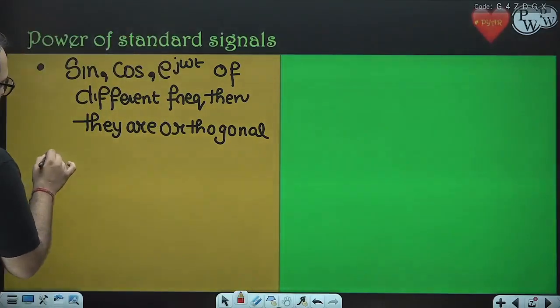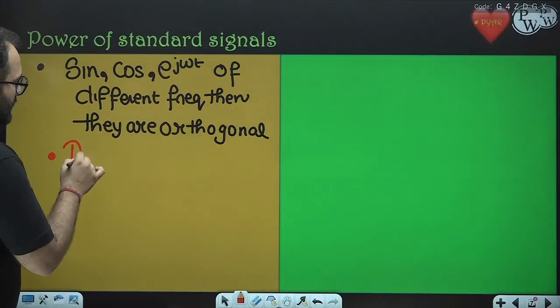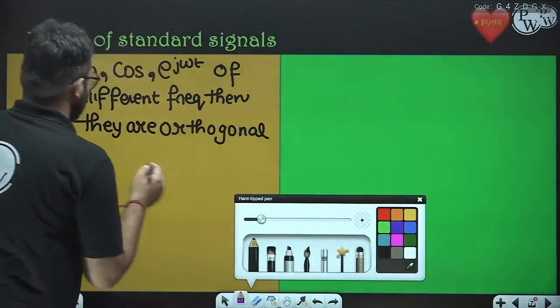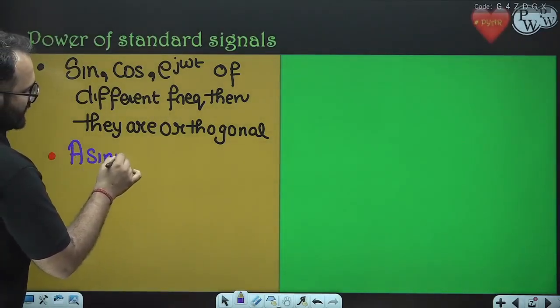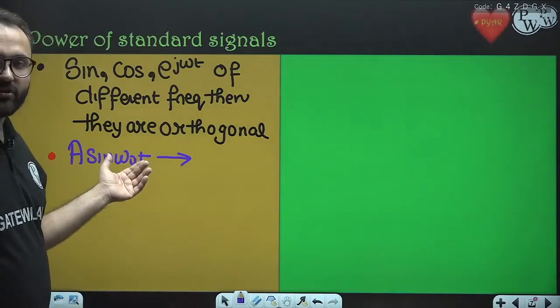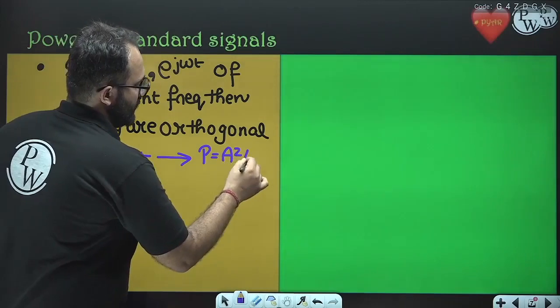So for example, remember that A sin omega naught t is obviously a power signal because it is a periodic signal. The power is A square by 2.